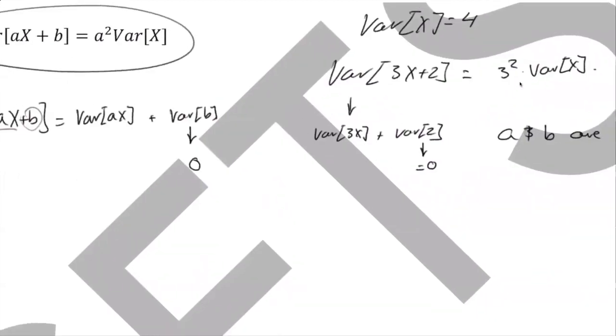But if we remember how to calculate variance, it's expected value of x squared minus mu squared. Everything is squared for variance. So that's how I remember that when you take it out, you shouldn't just be taking out an a, you should be taking out an a squared because everything is squared in this. That's how I reasoned this myself.